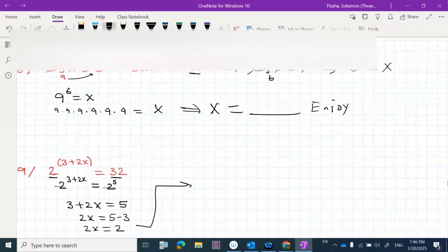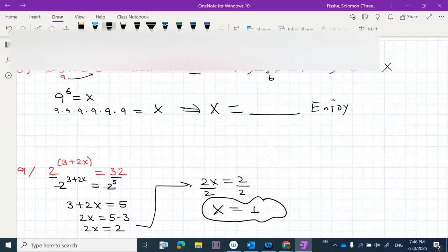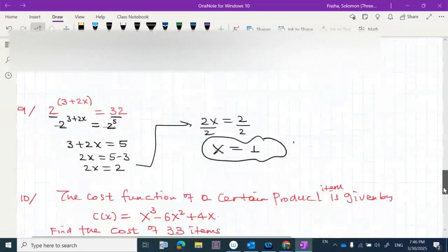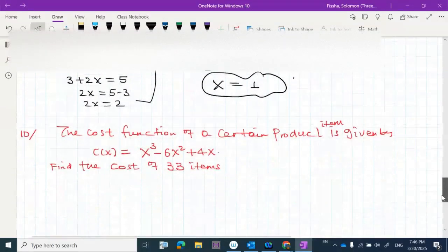So 2x is equal to 2. Now divide by 2 on both sides. Your x value is just 1. You solve x as 1. Excellent. Let's continue.